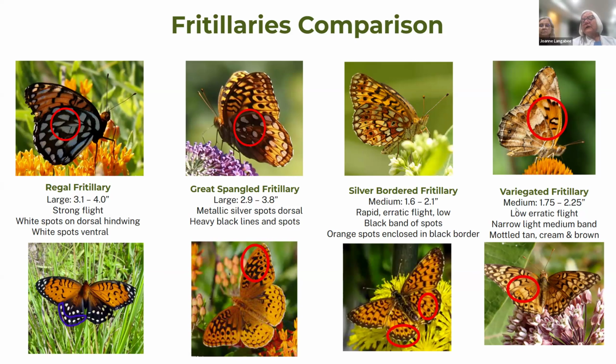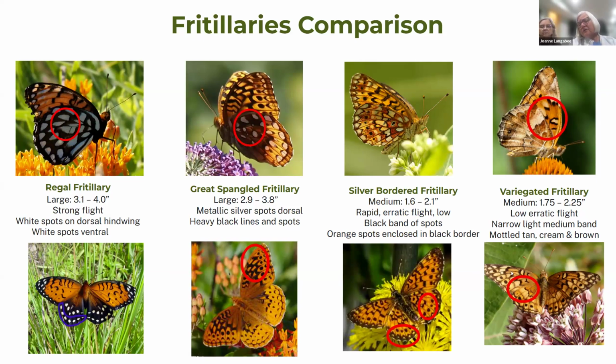Variegated fritillary is a stray. The underneath side is more mottled. You'll notice it's not marked like the other 3 with the whitish silver spots. And that really separates it from them if you're not sure what you have.